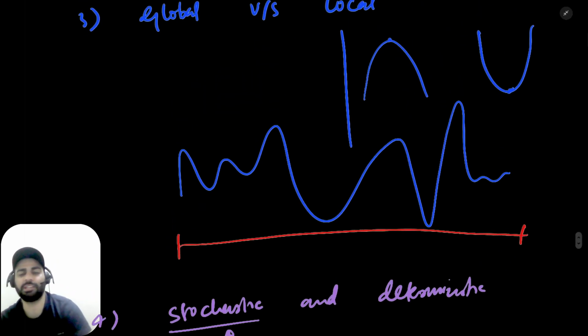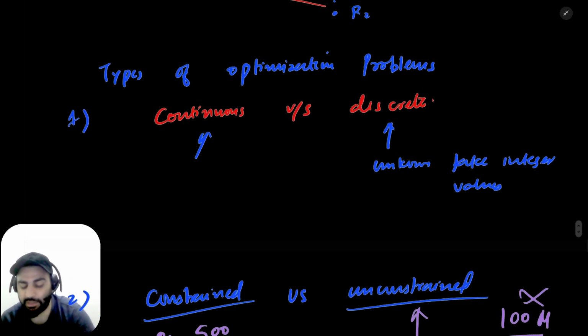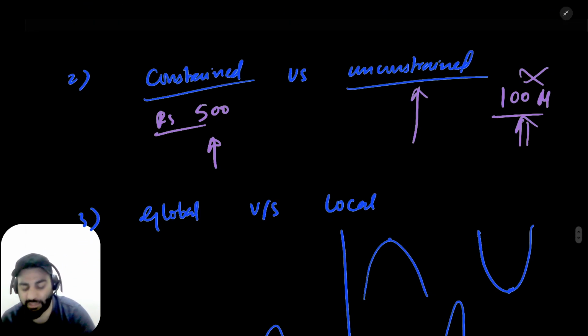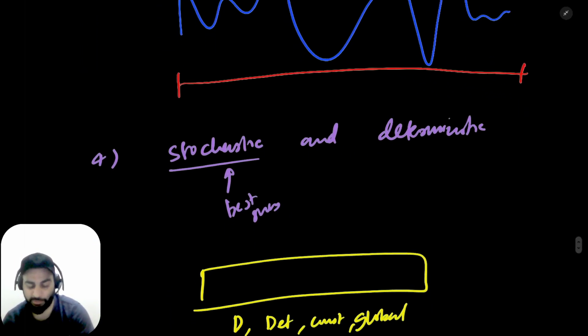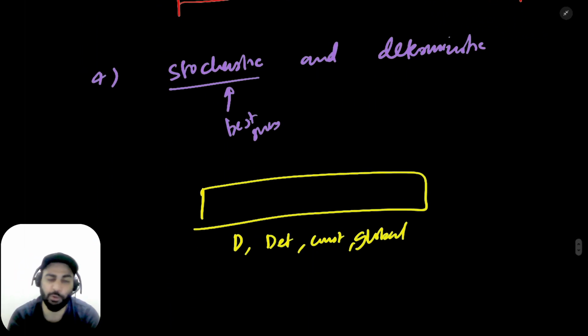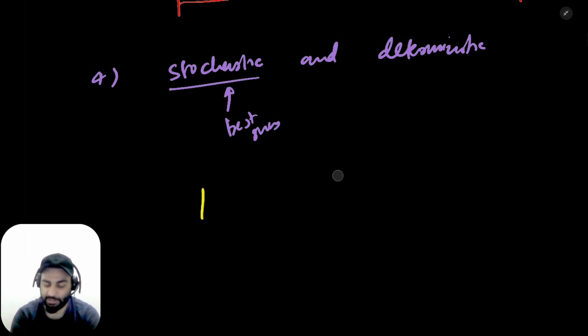From each of these four folders, let's call them folders, there will be one characteristic: either discrete, continuous, or mixed; constrained or unconstrained; global or local; stochastic or deterministic. The function will have some property from each, and we'll name it accordingly.